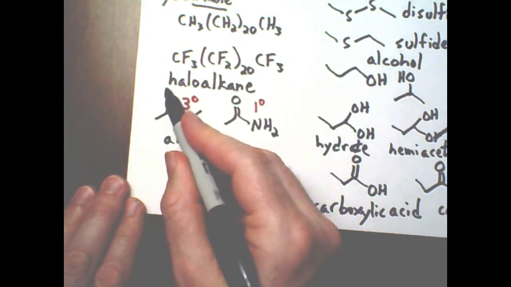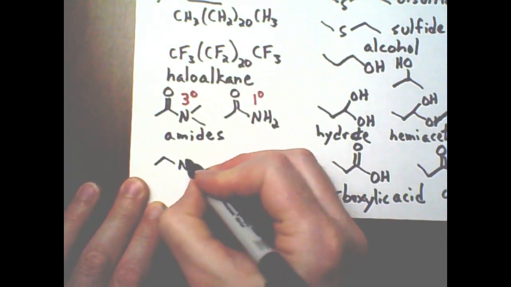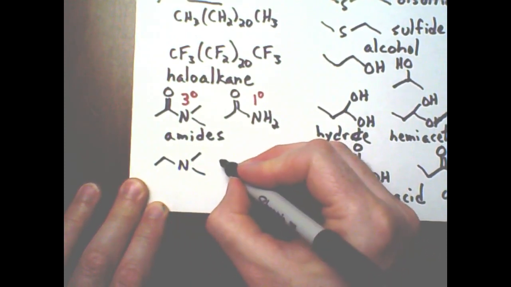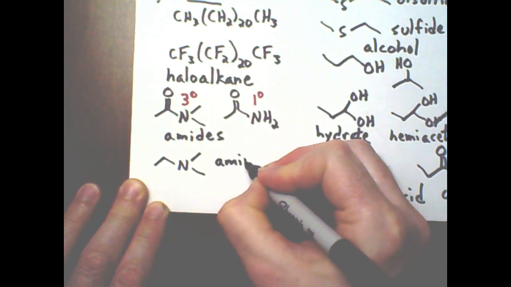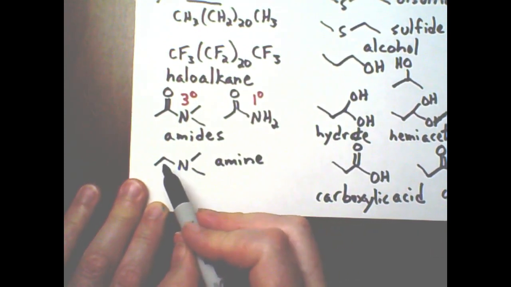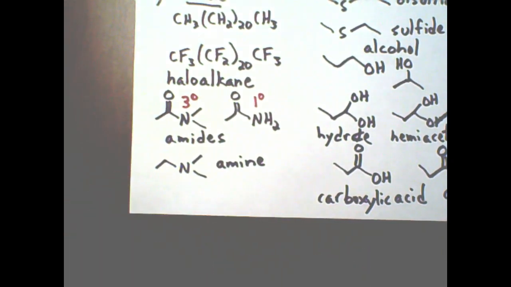If there's no double bonded oxygen there, then we call it an amine if the nitrogen is connected to carbons with no other heteroatoms coming off nearby on one of the connected carbons.